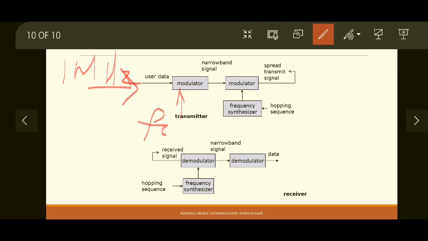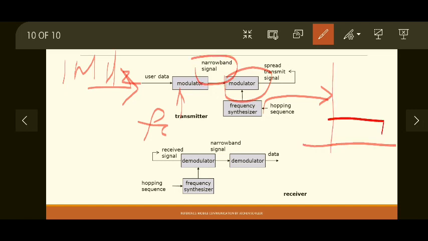So this FC will divide the entire bandwidth into smaller narrowband signals, and then the frequency synthesizer, which is used for generating frequencies, will provide another input to the second modulator, which will spread this narrowband signal into a spread spectrum signal.